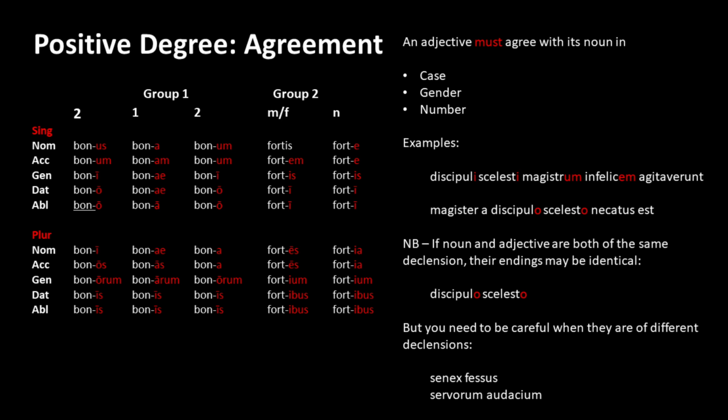Or if you return to the first example I gave up here, discipuli scelesti magistrum infelicem agitaverunt, the wicked students chased after the unfortunate teacher. You'll see that discipuli scelesti, those are in obvious agreement because they're both from the same group. But magistrum infelicem, magistrum, that is a second declension masculine accusative.